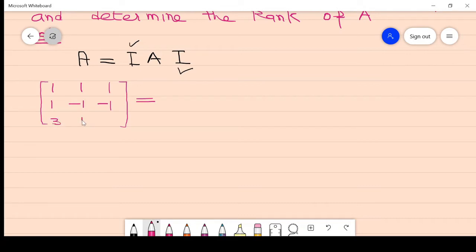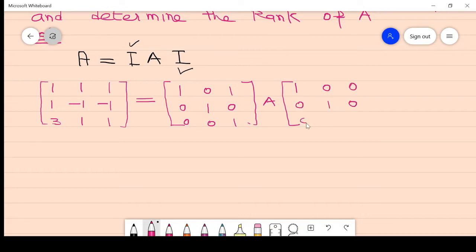So this is A. And second is I: 1, 0, 0; 0, 1, 0; 0, 0, 1, into A, and this is again I, 1, 0, 0; 0, 1, 0; and 0, 0, 1. So just understand very carefully.